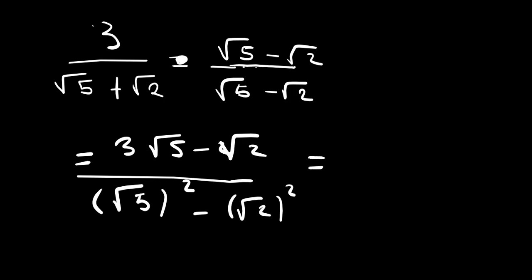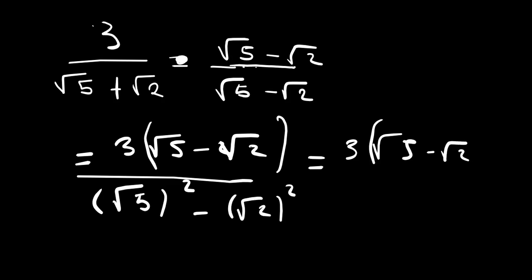So okay, we proceed. Let's first solve down. Root 5 squared will just give you 5. Root 2 squared will give you 2.